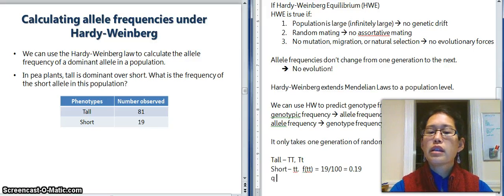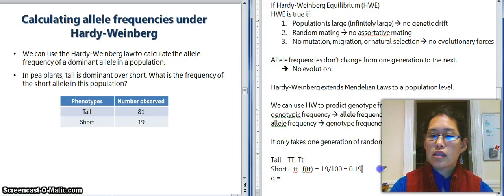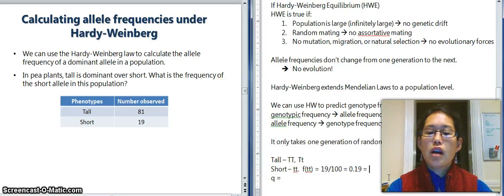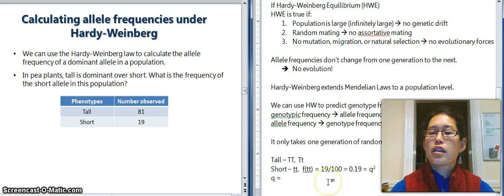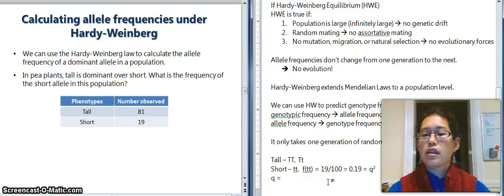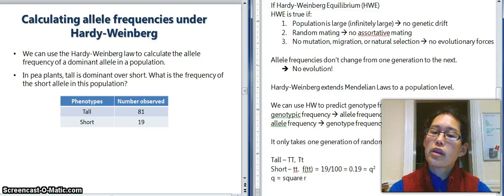Well, we're assuming that we're under Hardy-Weinberg equilibrium, so this is actually Q squared, then Q is the square root of 0.19, whatever that is.